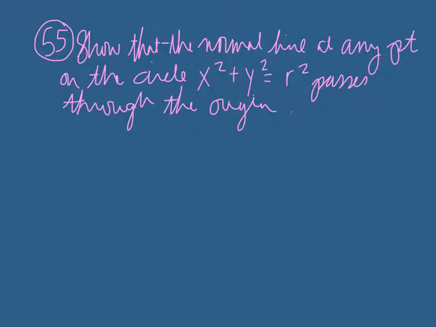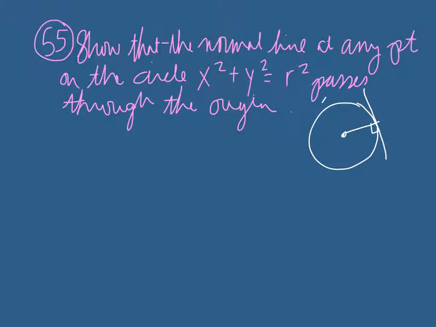I actually really like this question because it's kind of getting us back to something that you learned in geometry. If you have a circle, there was a rule that you just kind of memorized, but it said that the radius is always perpendicular to the tangent line.